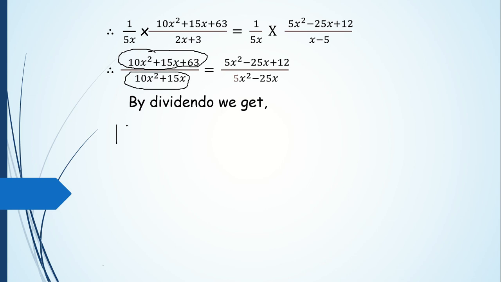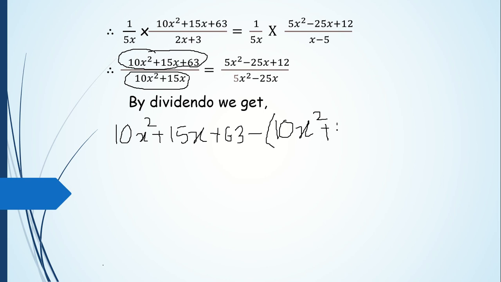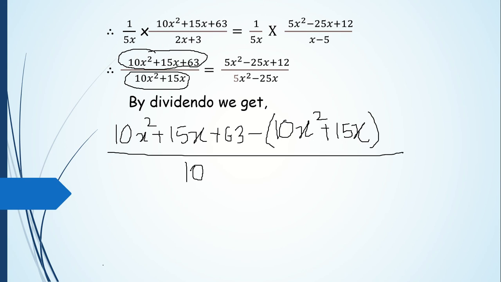So what I will do for dividendo: 10x square plus 15x plus 63 minus, put a bracket, 10x square plus 15x. So that's numerator minus denominator upon denominator, that is 10x square plus 15x.